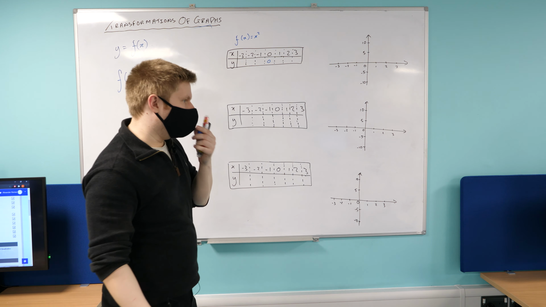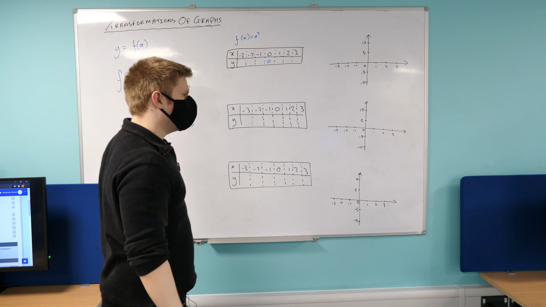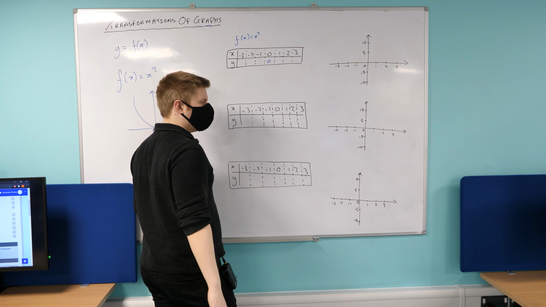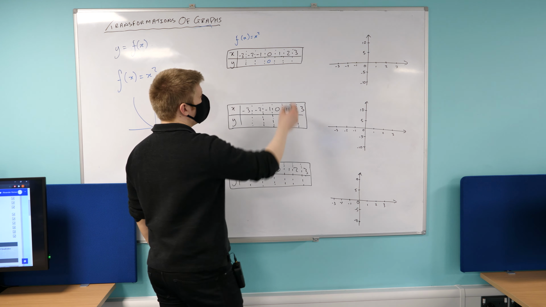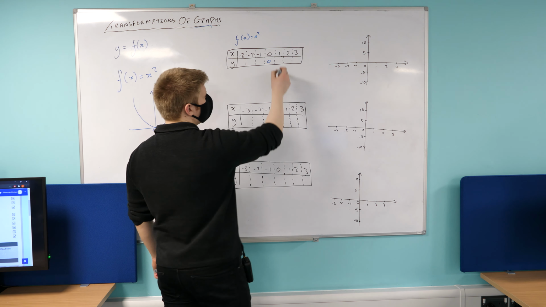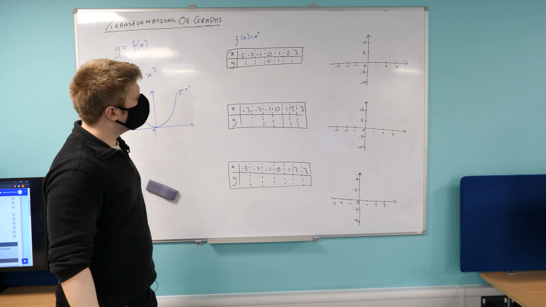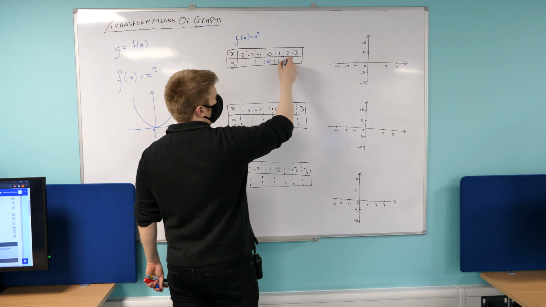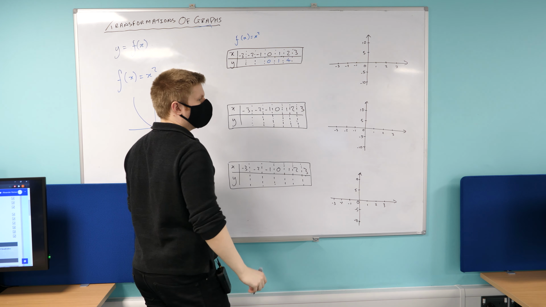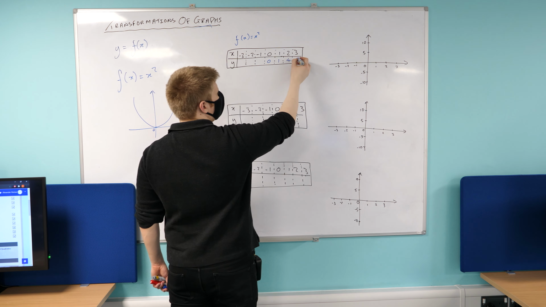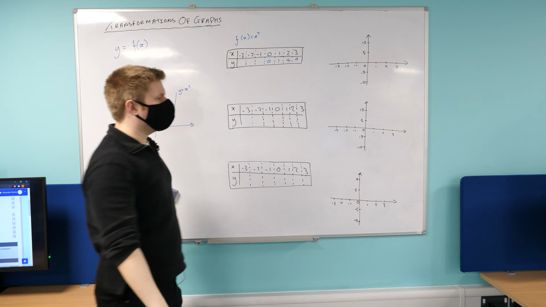What happens if I put 1 in? What value do I get out? Good. If I put 2 in, what value do I get out? Good. And if I put 3 in? Good. Let's do the negatives then. What happens if I put negative 1 into my function?